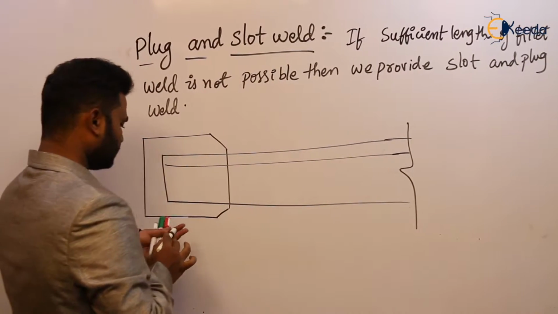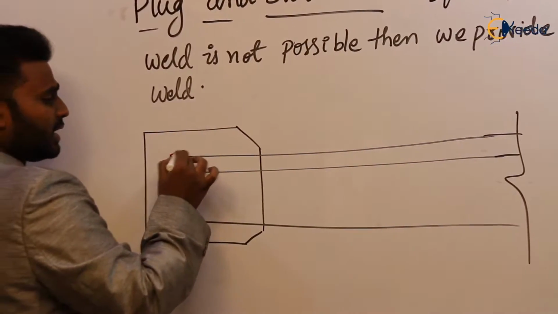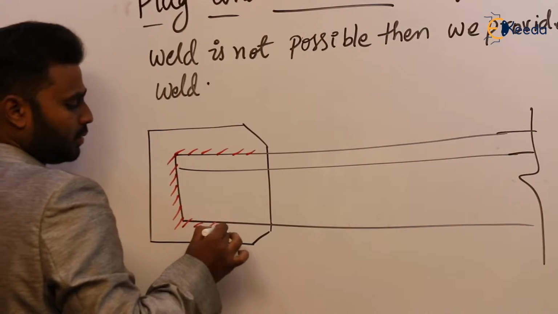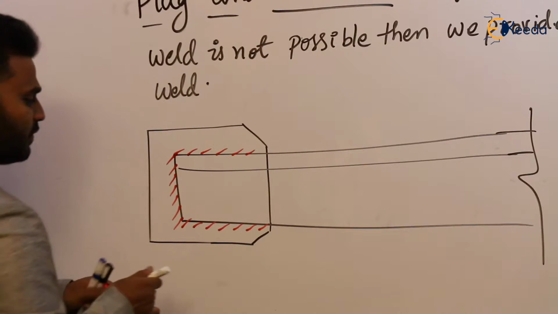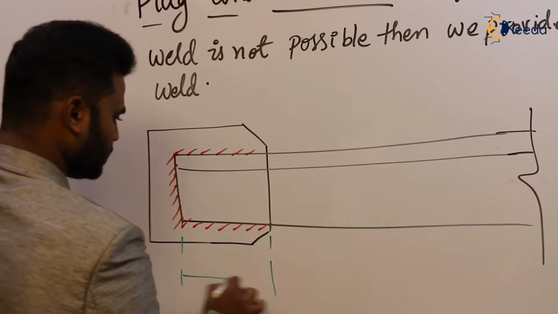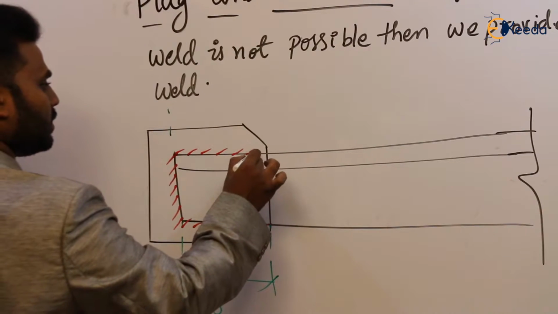Now obviously we can provide the weld here. So this is the length of the weld. Now what is the length of the weld that is provided here? If you observe here, this is length L3 and this is L1.